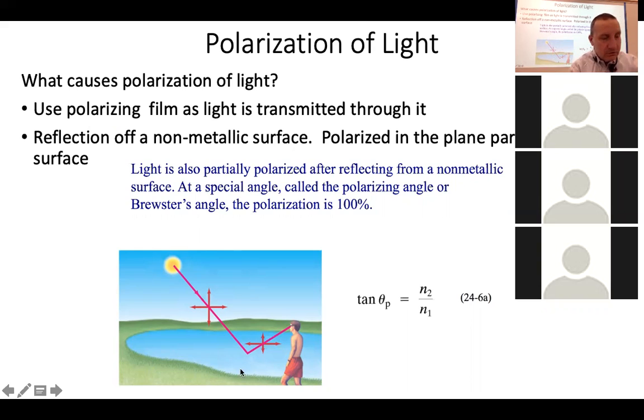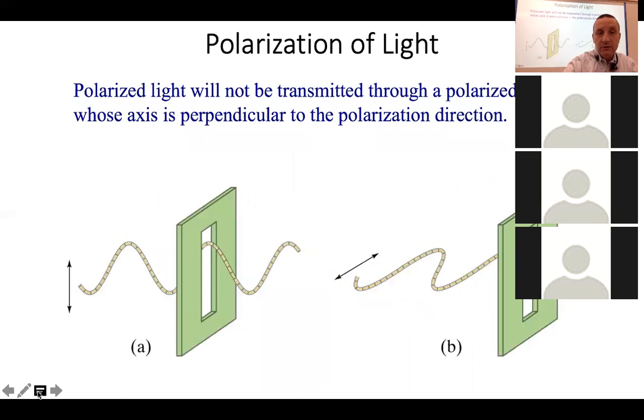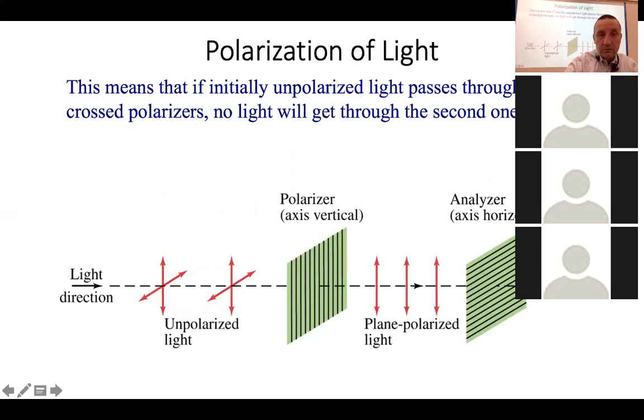You guys drive, I'm assuming you're seniors with the exception of Katie, so you probably all drive. If you ever see the light reflecting off the car in front of you and there's a bad glare, it's because the glare is that polarized light. And if you ever buy sunglasses, it's a little more expensive, but if you get polarized sunglasses, essentially the glass surface is one of these polarizers, and it filters out a lot of the light and it filters out the glare.